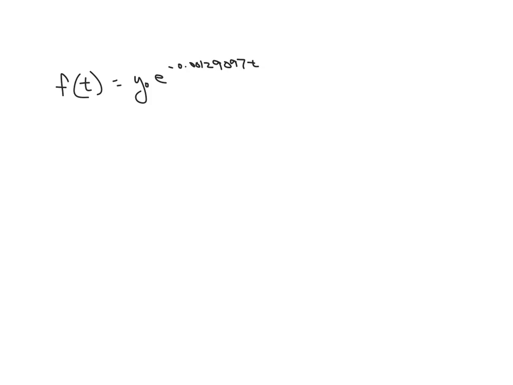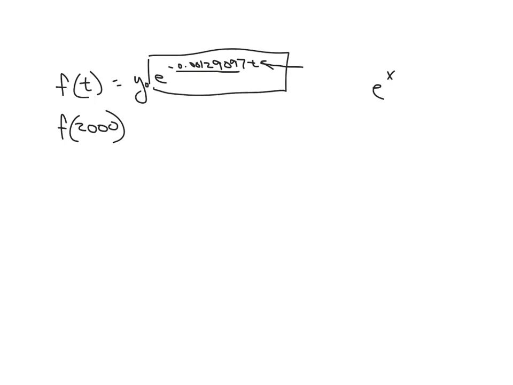So what you're going to do is, it says in A, under example 8, if the original amount of carbon-14 present in an artifact is 100 grams, how much remains after 2,000 years? So our time is 2,000 years. We're going to put 2,000 in there for t, multiply it by this whole thing, don't forget the negative, and then we're going to use our e to the x key to get this part of the problem.